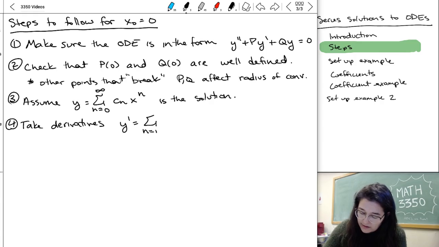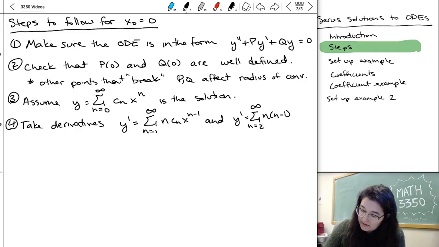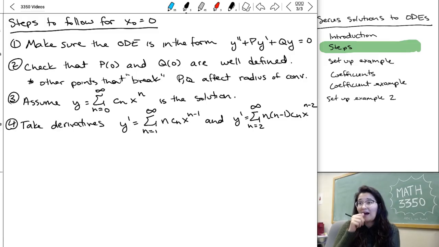y prime is the sum from 1 to infinity of n Cn x to n minus 1. And y double prime is the sum from 2 to infinity of n times n minus 1 Cn x to n minus 2. I don't want you to memorize that. I think you should be able to figure out why those are the derivatives, but I know that series are really intimidating, so it's fine if you just want to take those things and plug them in.